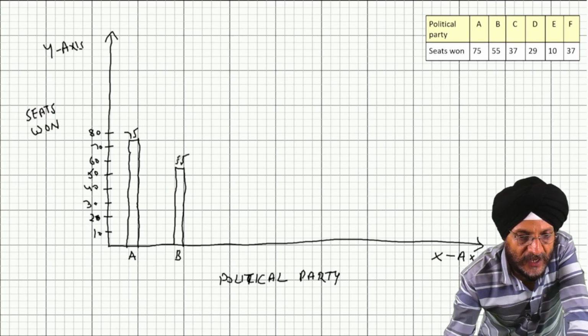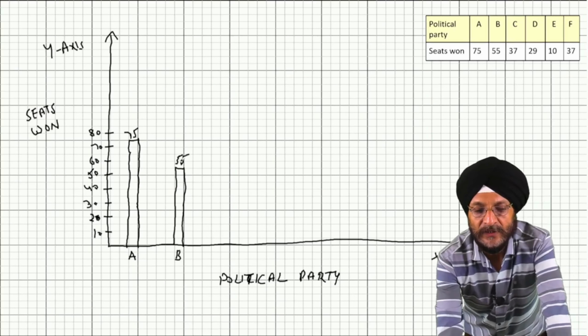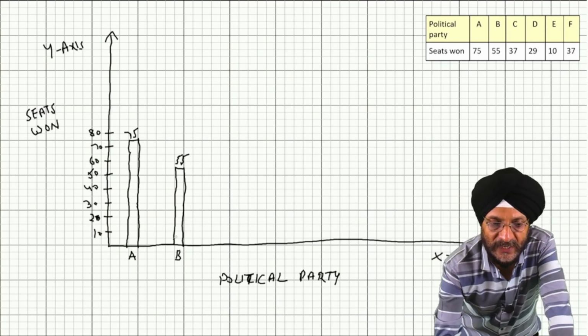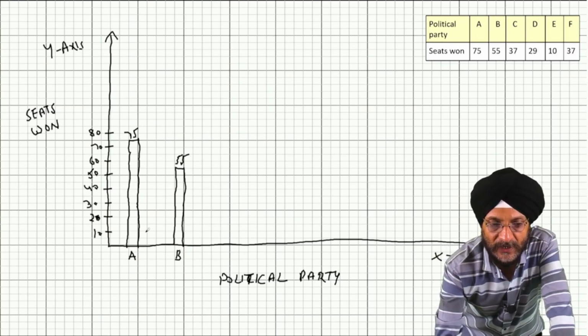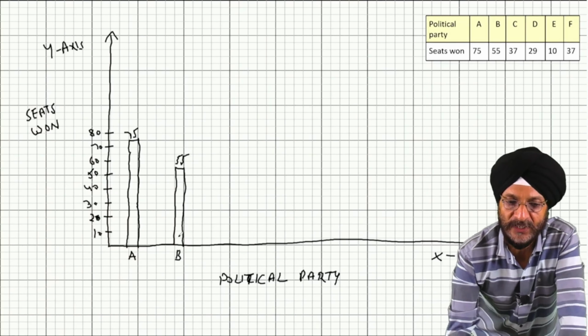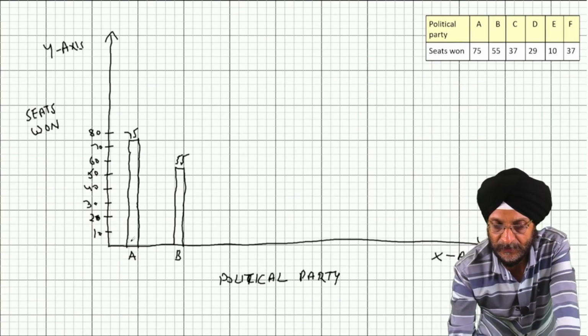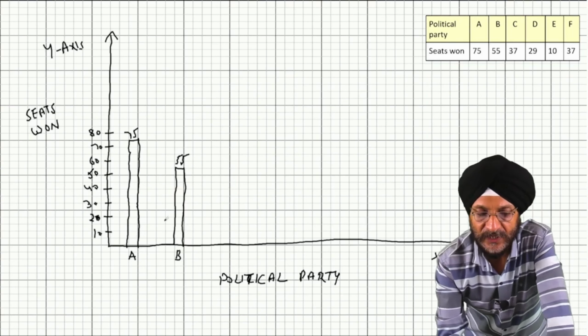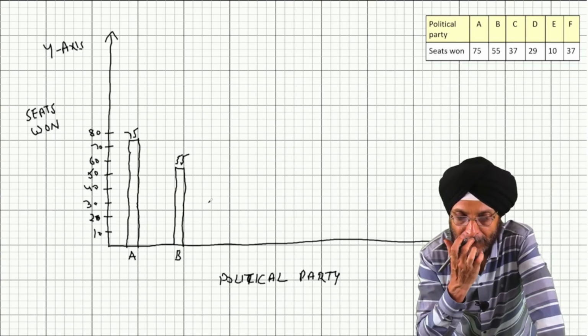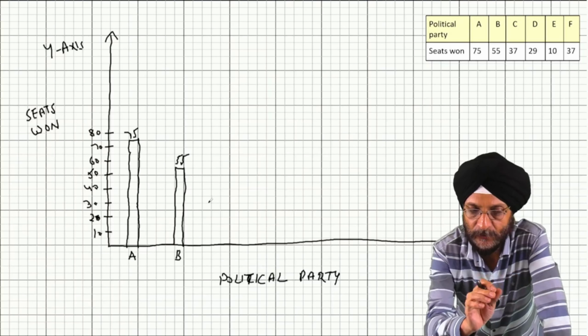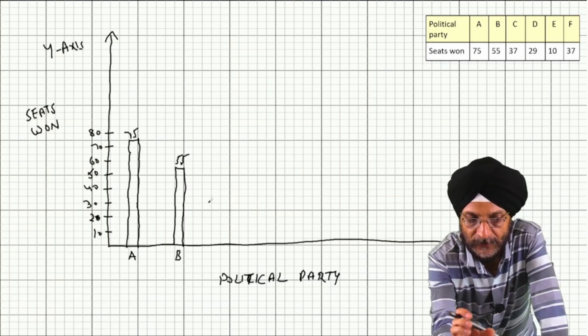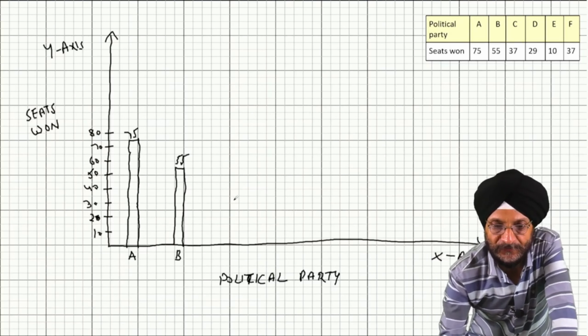Another point to remember is that the width of the bar in each case has to be the same. Here you can see that the width of A is the same, the width of B is the same. Likewise, the width will be the same when we are marking it on the graph paper.